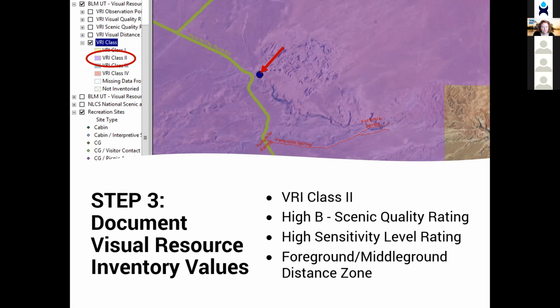It's in a location that's highly sensitive to change based on a variety of characteristics: it being a historic site, being along a state historic trail, being next to a heavily used travel corridor for recreational access. That factored into its high sensitivity to change for the public. And then lastly, it is in the foreground, middle ground distance zone. It's right off the side of a primary travel corridor.